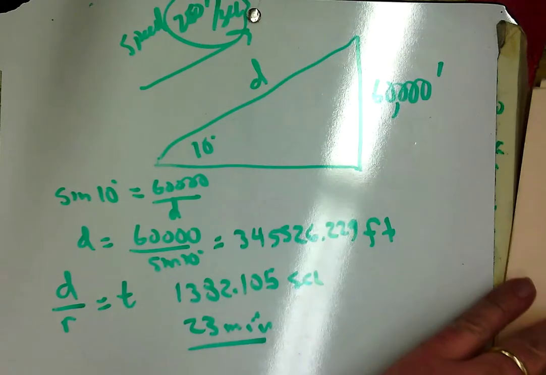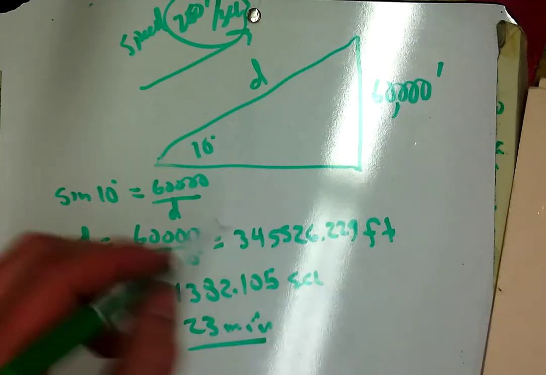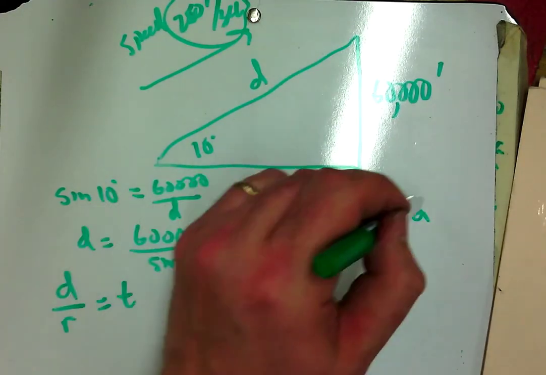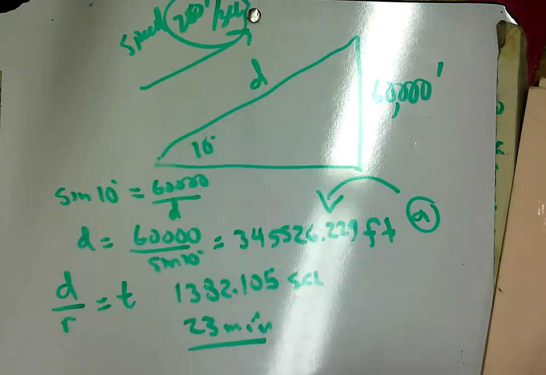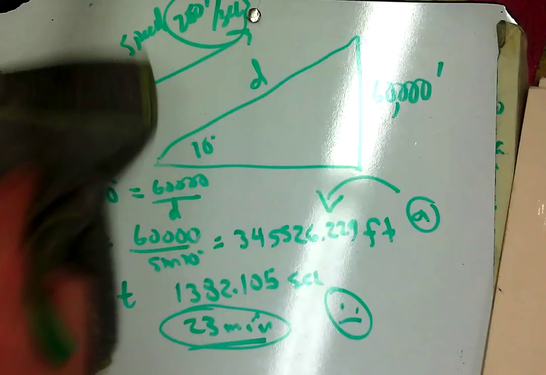There's part A. Part B, it did take him more than 5 minutes to reach the balloon. It took him 23 minutes. The evil tax accountants will be able to successfully flee from justice. Sorry, 007, you weren't fast enough this time.